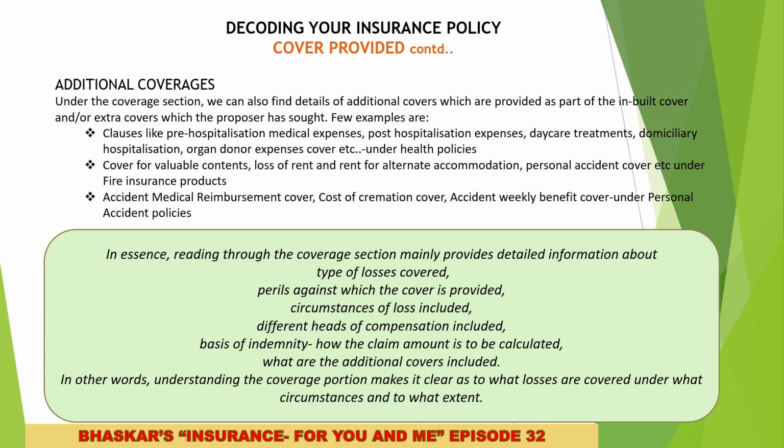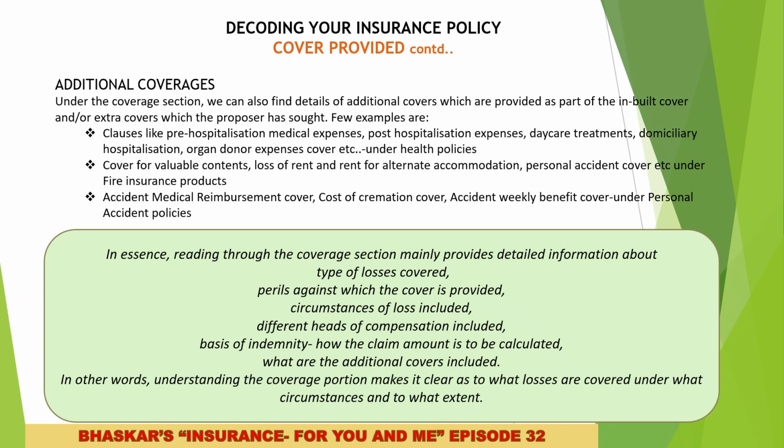Accidental medical reimbursement cover, cost of cremation cover, accident weekly benefit cover, etc. are the additional coverages which may be shown under a personal accident policy. So these are some of the examples of additional covers, details of which you can find in the coverage section of the insurance policy.